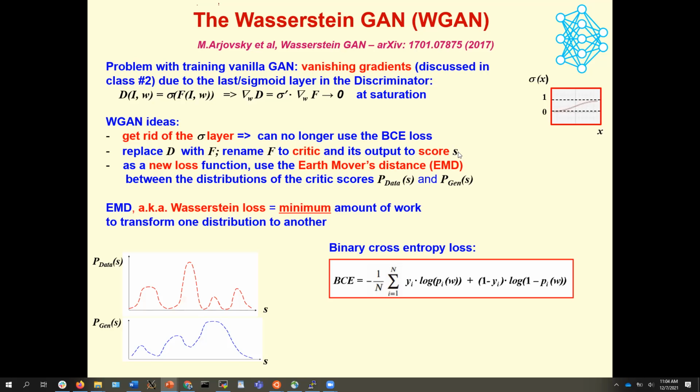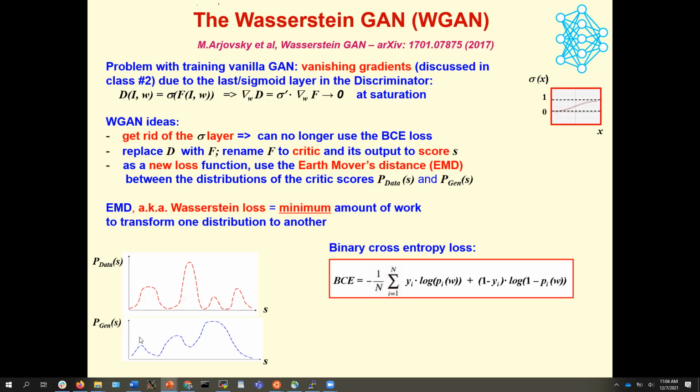From the data set of images, we can compute a histogram of scores: bin the score values into a number of bins, build the histogram, and normalize it. We eventually arrive at the probability distribution of different scores for the real data.